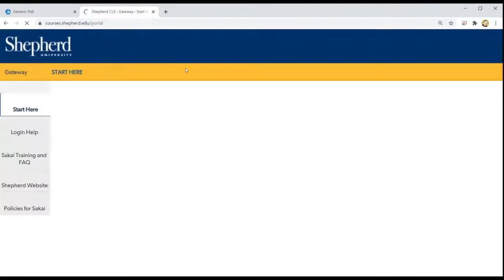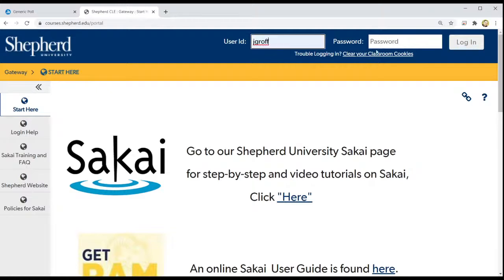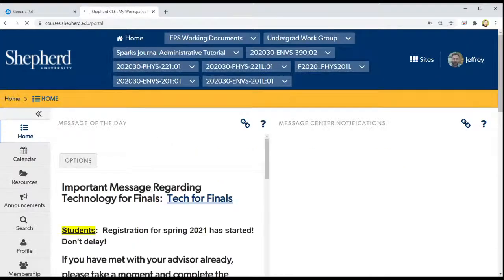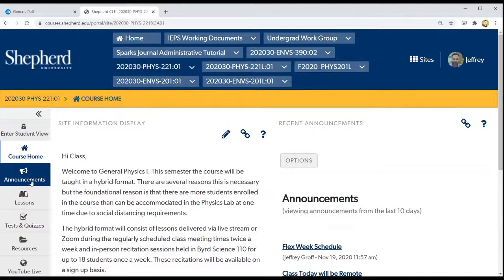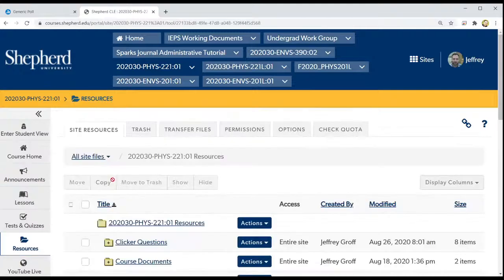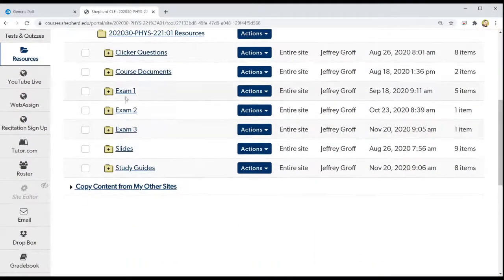If you go to Sakai and Resources, for preparing for the final exam there's some new material which deals with rotational mechanics, the stuff we've been talking about for the last few weeks.